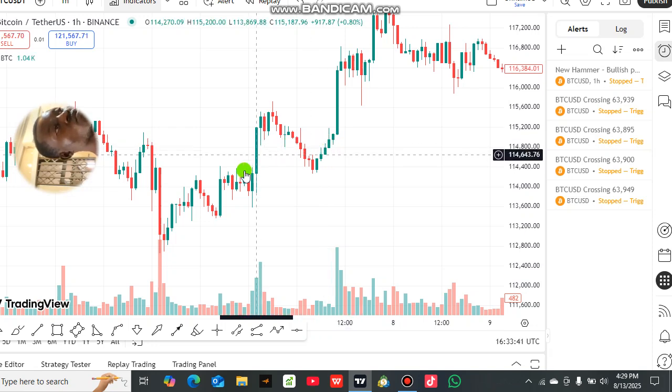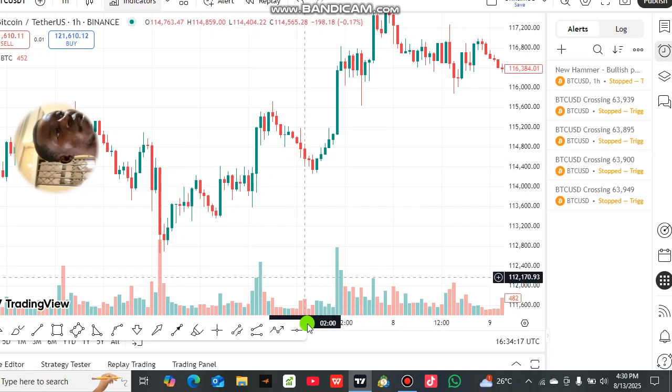So in between three candlesticks, if there is a gap where one did not retest the previous one, then we call it a fair value gap. And this fair value gap is very important because in the future the market has to move back to that zone and make sure it balances the chart before the market continues with its move.